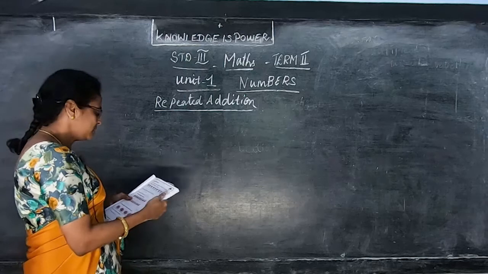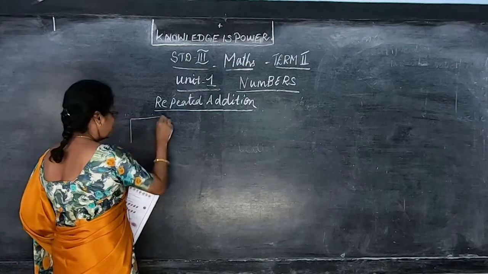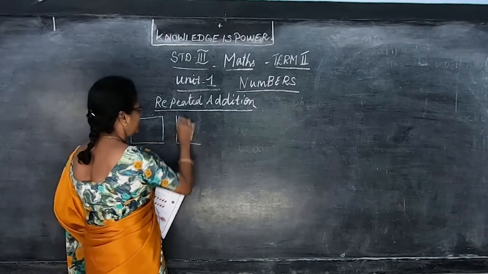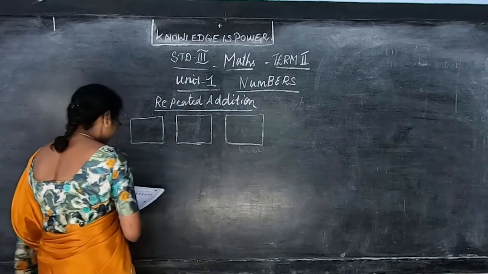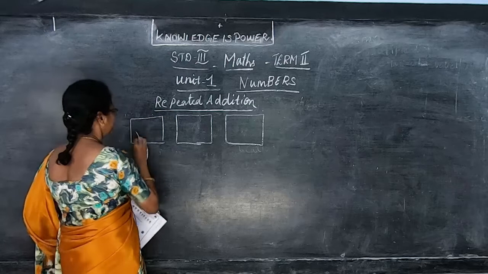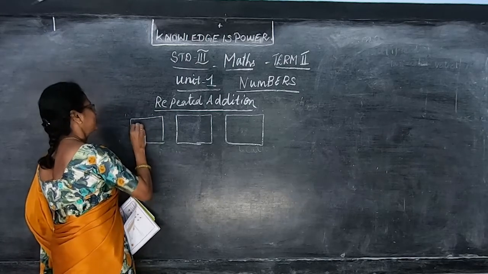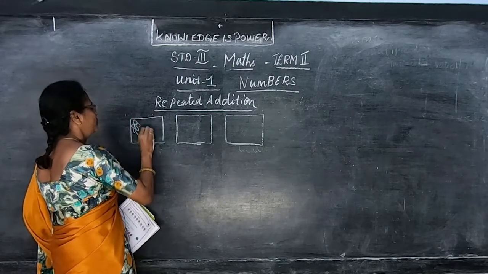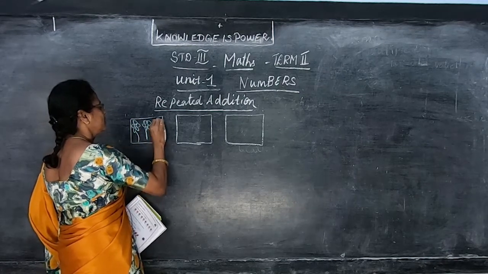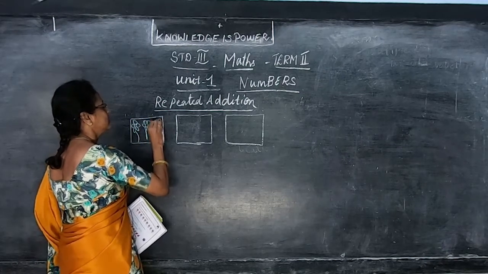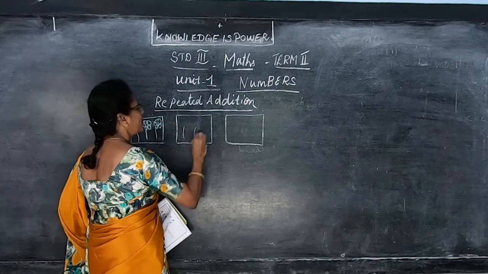They are given the sum of the flowers in each box. In 3 boxes, they are given the flowers. So you also can draw the flowers. So 3 flowers.